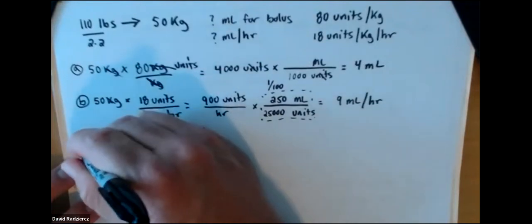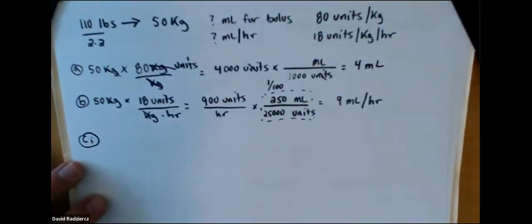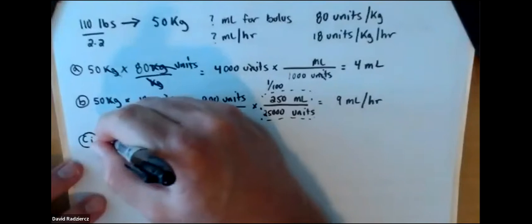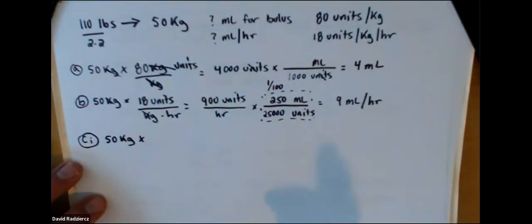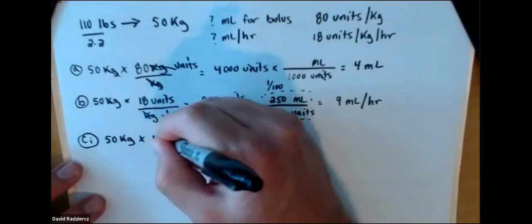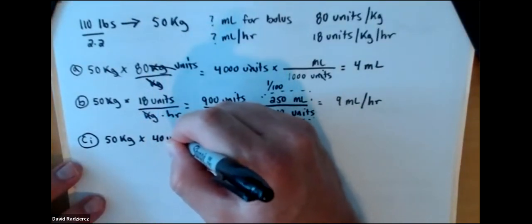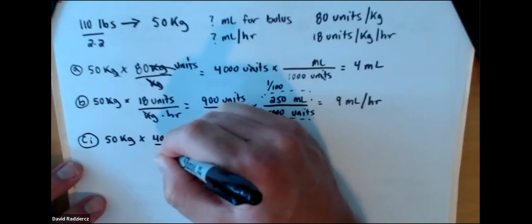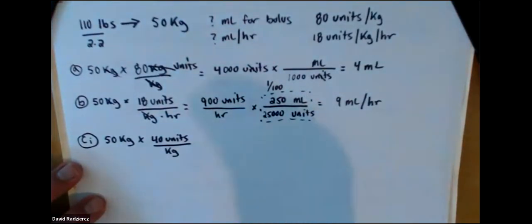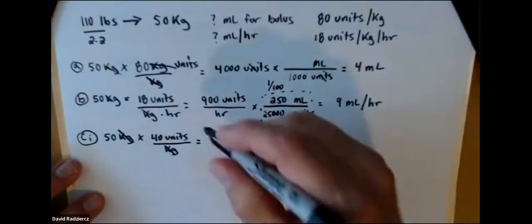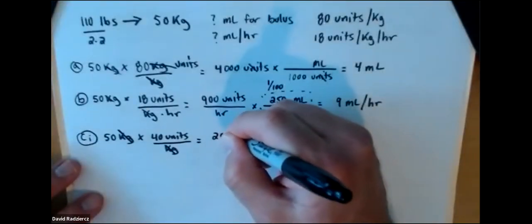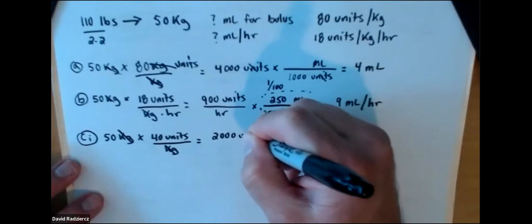For C, part 1, the patient weighs the same, right? New bolus now is 40 units per kilogram. That gives me 2,000 units.